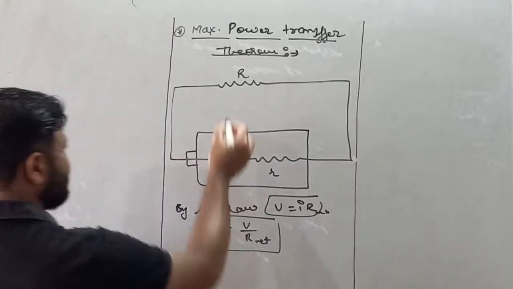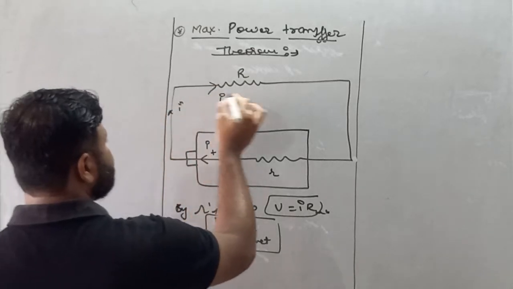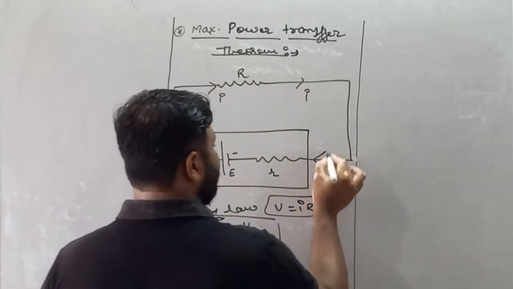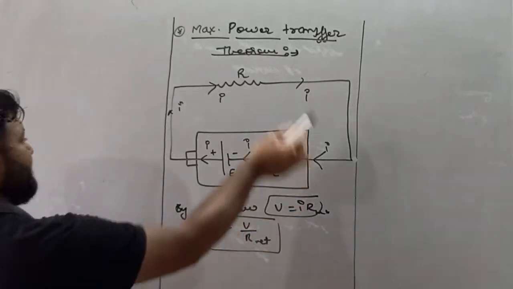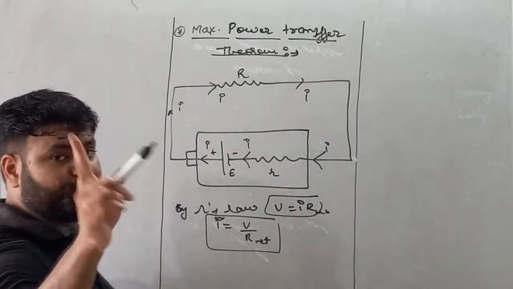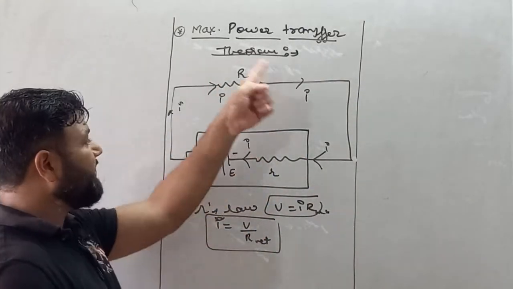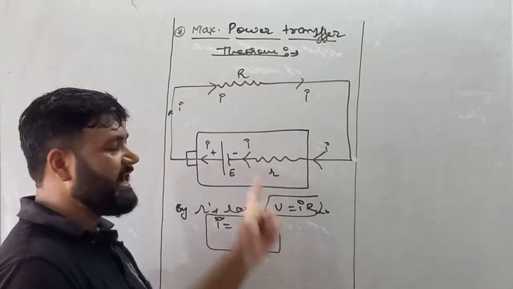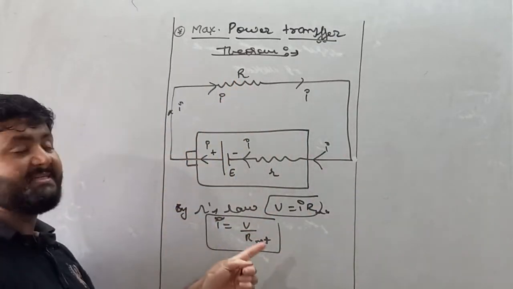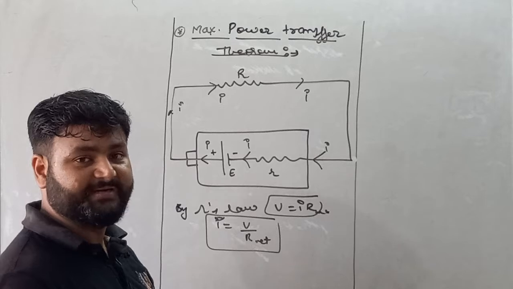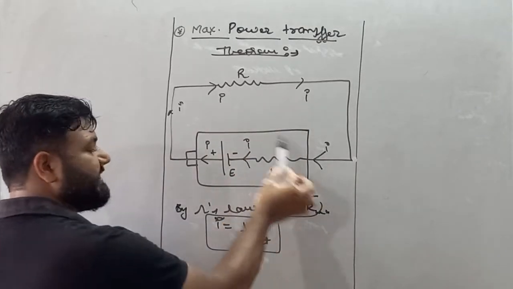So let's suppose this resistor draws current I from this battery whose potential is E and whose internal resistance is small r. Now in this circuit we have two resistors, one external resistor and the other internal resistor. Both resistors in this circuit are working.